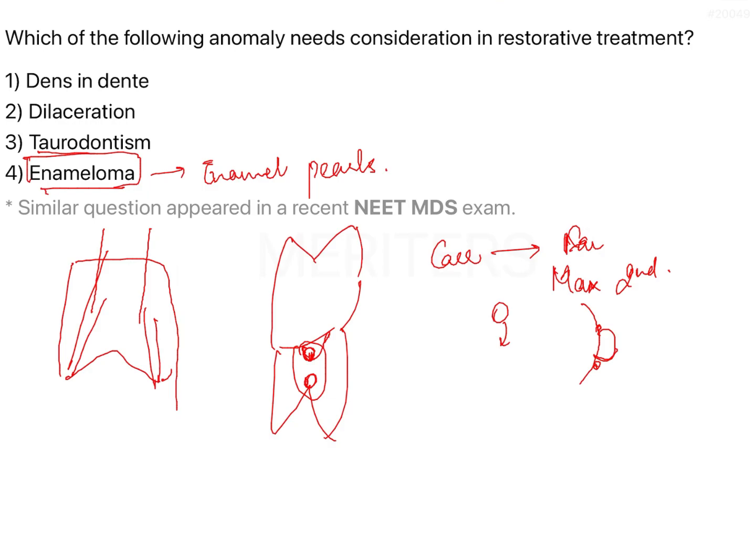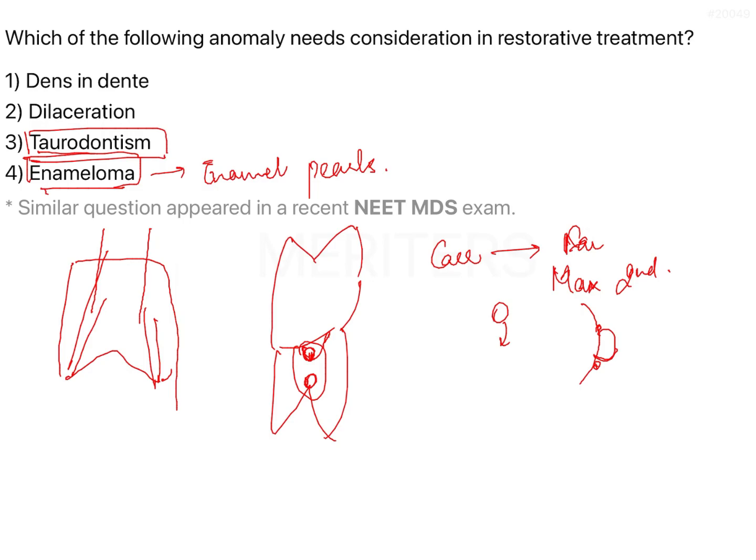So the entire remaining pulp chamber is either going to be filled with gutta percha, or with MTA, or packed with a gutta percha and MTA combination, or gutta percha and restorative material, that is your composite, POR, post obturation restorations. So taurodontism plays an important role in endodontics and not in restorative.